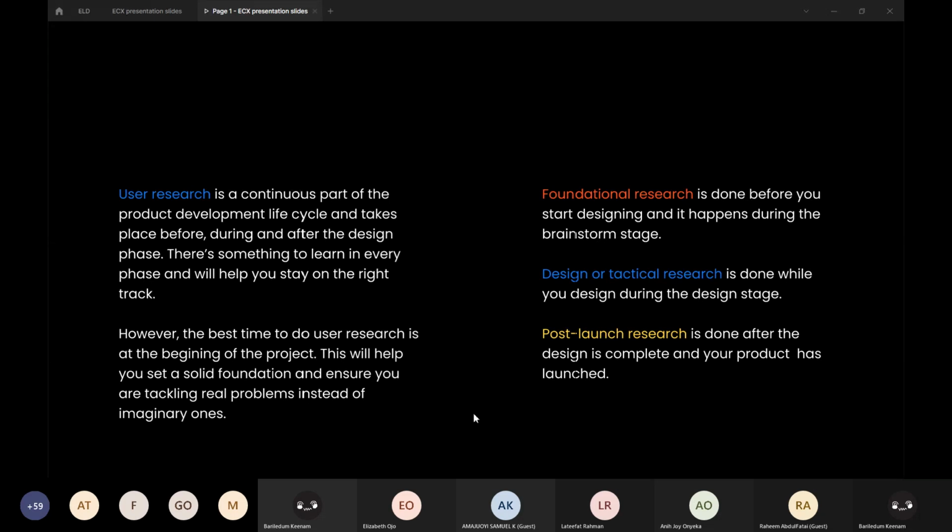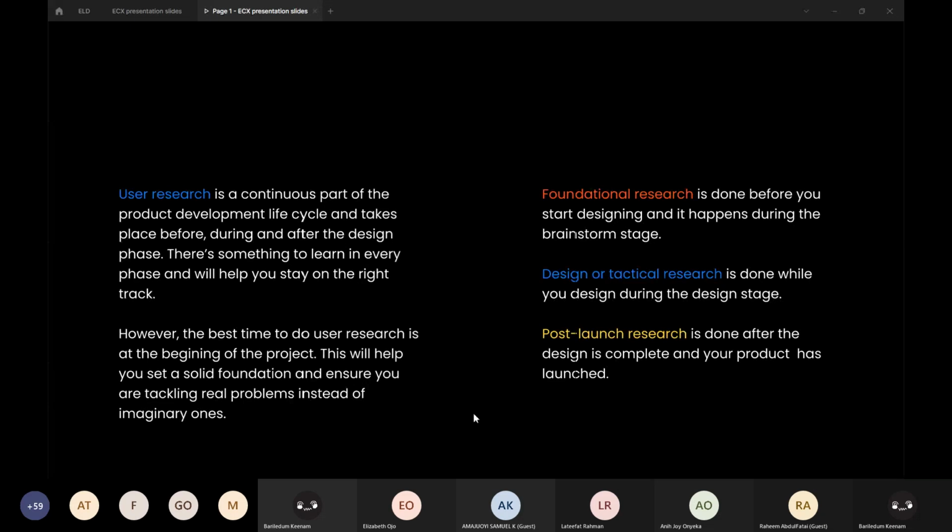So post-launch research is done after design is complete to know if this product that has been developed is a success. They share it out with actual users and get feedback from them on ways to improve the product.